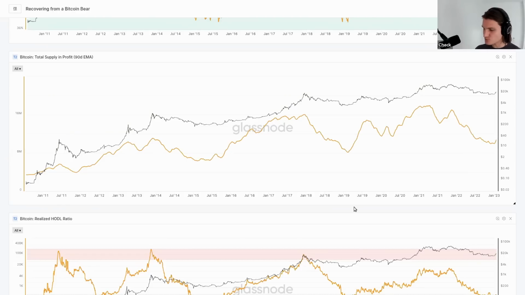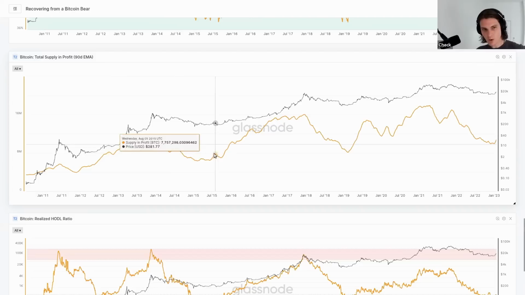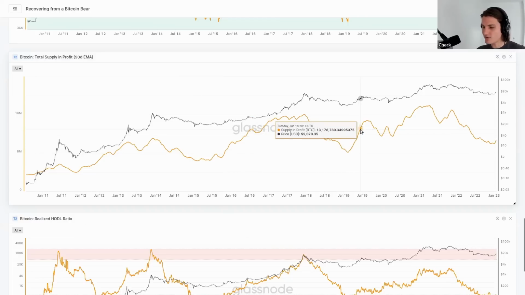Bull markets are a spreading out of people going, hey man, this asset is great, right? It's the human expansion of what's going on in the market space. It's the same for any asset. Always has been, always will be. So when you have, this is on a 90-day EMA, so very, very long term, when you have a nice, long, sustained uptrend in the total supply and profit, it's telling you that we have people going into profit, price is helping them out with that, and you're seeing just an overall macro trend shift, right?